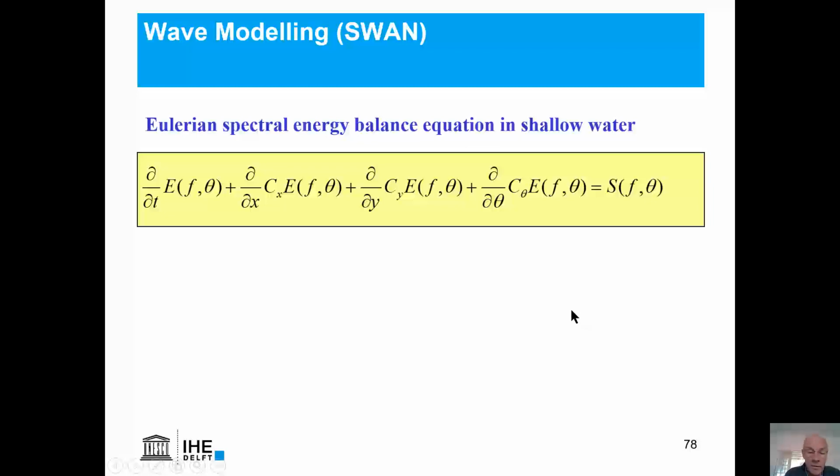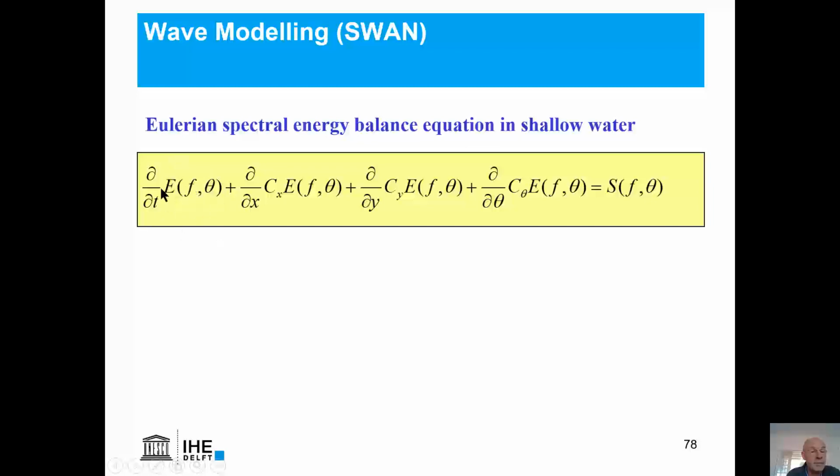Now, the next component is the wave modeling, for which we use the model SWAN, which is based on the Eulerian spectral energy balance. It considers that the total wave energy is built up of packages of wave energy that have different frequency and different direction, frequency f and direction theta.